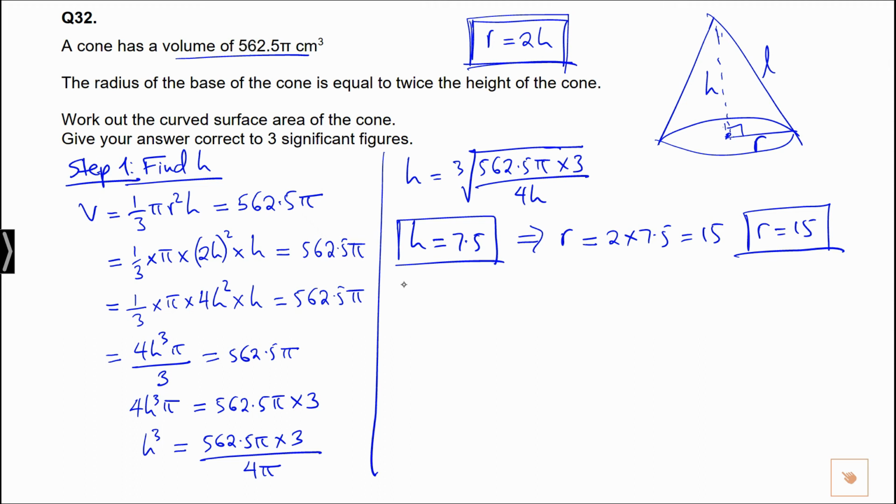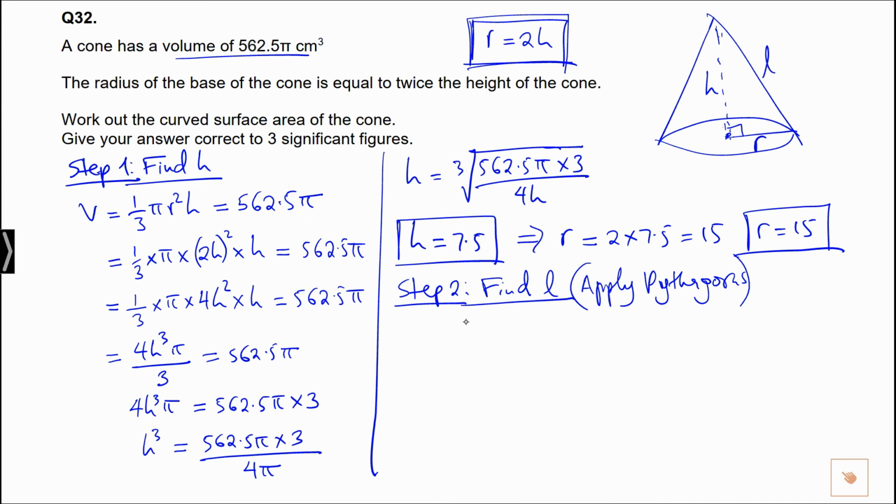Okay, and then step 2 is to find the slant height, and here apply Pythagoras. If you apply Pythagoras theorem, we've just said r is 15, h is 7.5.